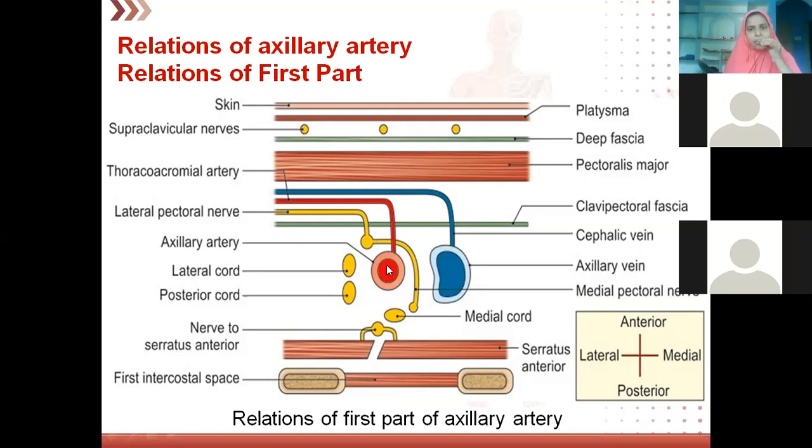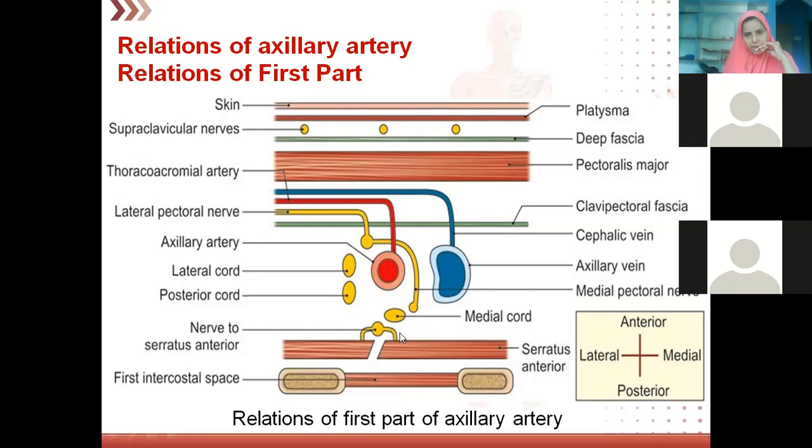Anteriorly we have pectoralis major and pectoralis minor, both supplied by the lateral pectoral nerve and medial pectoral nerve. So these are all anterior relations of the first part of the axillary artery.